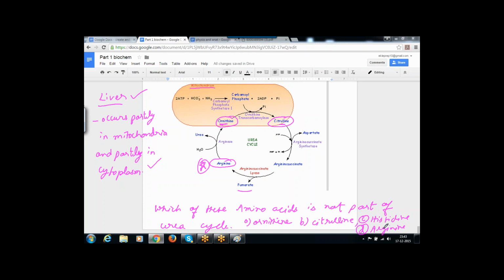But you need not know the enzymes and all the intermediates and reactions, etc. Urea in the end comes from arginine, that you must know. Then which all amino acids are seen in this cycle, that you must know. And where it occurs. That's it.